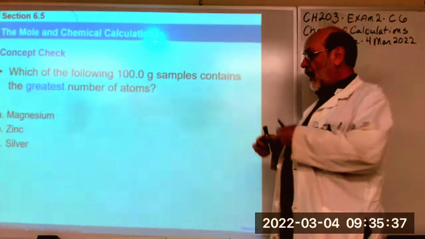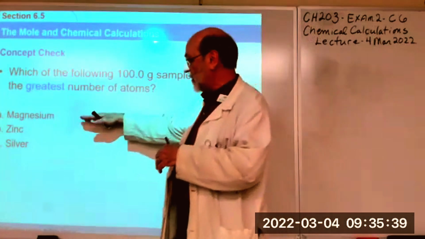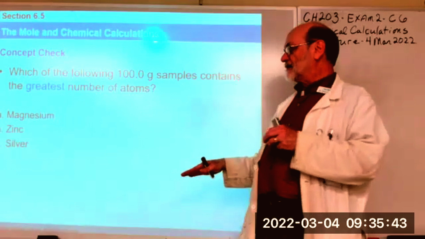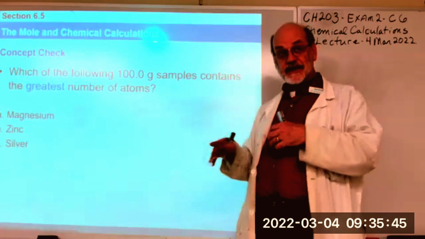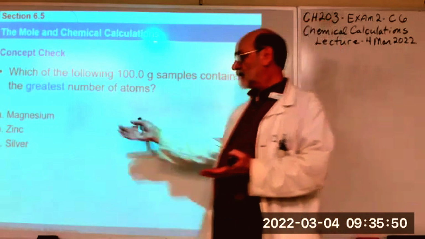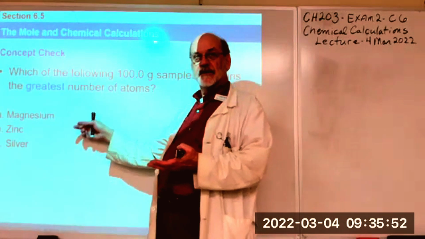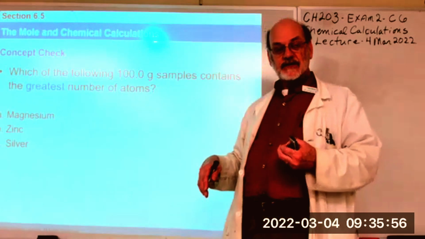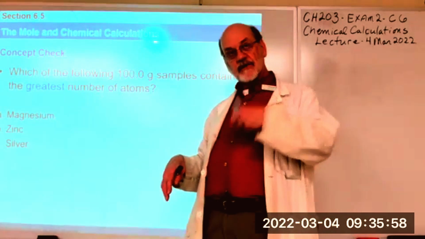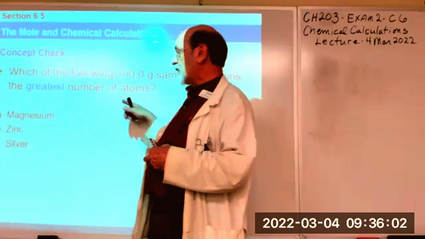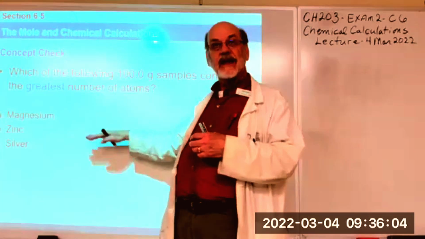If each sample has to weigh 100 grams, do they take the same number of atoms to get there? No, because they have different molar masses, right? It takes more atoms of the lightest one to get to 100 grams than atoms of the heavier one. So the greatest number of atoms will be the lightest element.